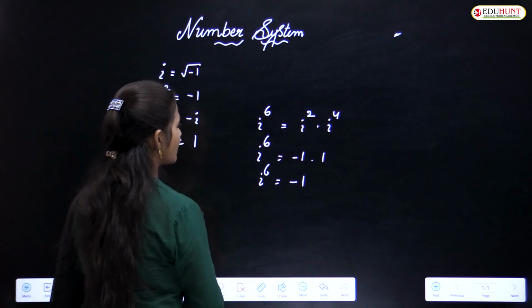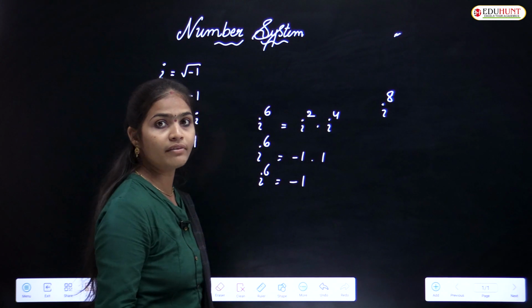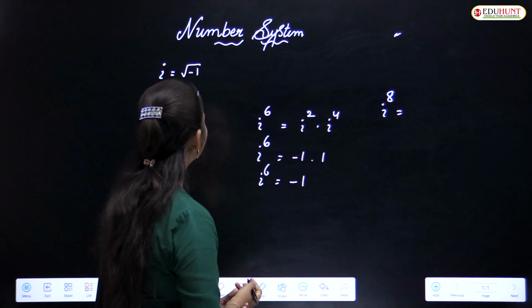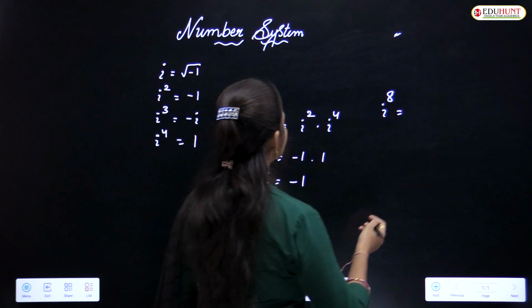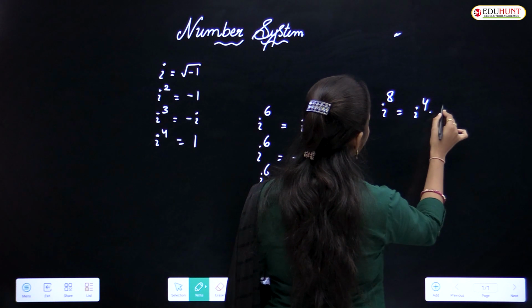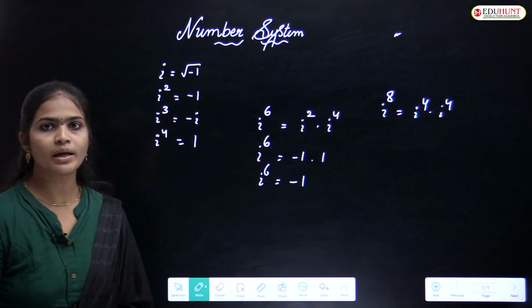Okay, next I want to find the value of i power 8. How can we find it? Let's write i power 4 into i power 4.